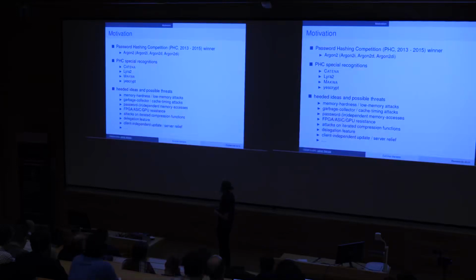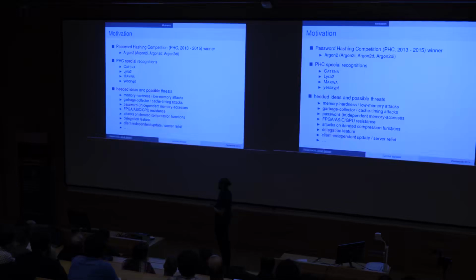Then there was a discussion about password-dependent and independent memory accesses. Based on the kind of memory access, your scheme might be vulnerable to cache timing attacks, for example. Then, of course, FPGA, ASIC, and GPU resistance was a big topic.